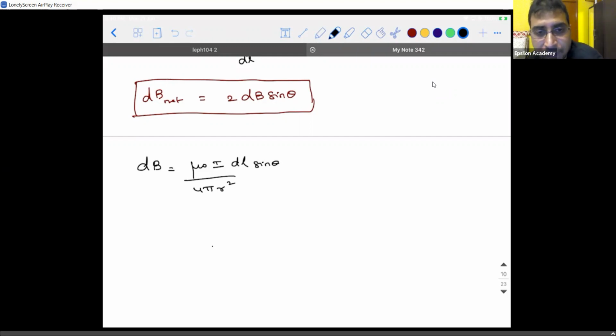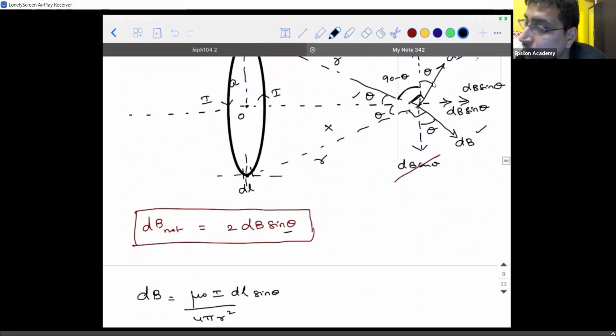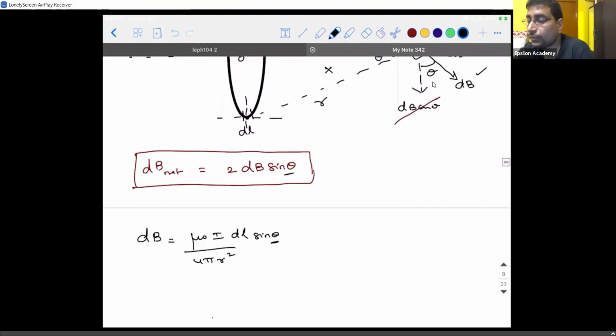Mu naught I dl sin theta divided by 4 pi r square. Am I clear, guys? So wait. One place where you might get confused is this theta is different and this theta is different. So I'll use it as alpha for the time being. I'll call it as alpha. Okay. Mu naught I dl sin alpha divided by 4 pi r square. Accepted, guys?